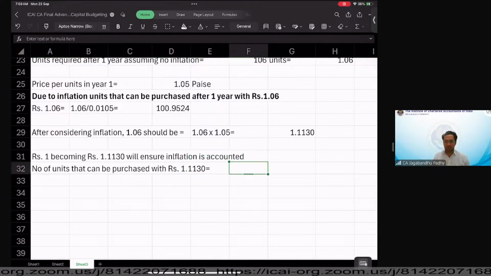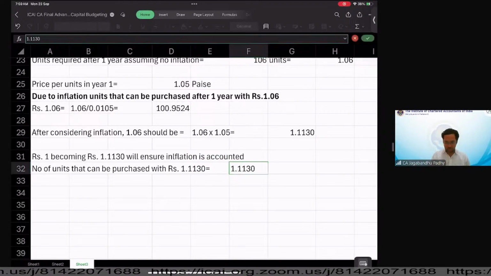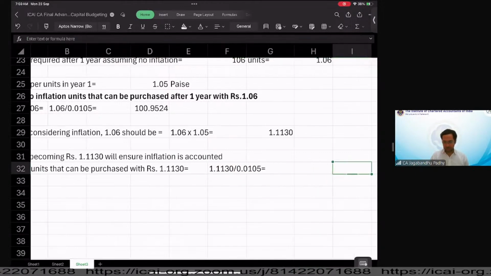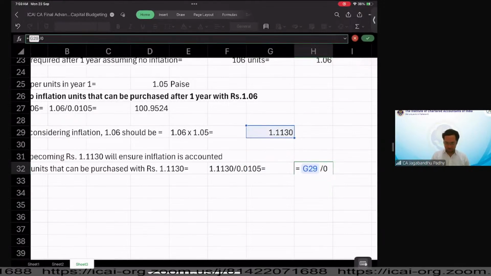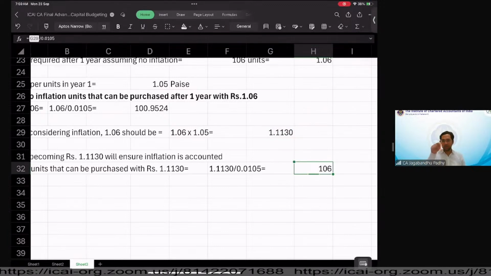Now just check what is the number of units that you can get with 1.1130. Can I say it will be 1.1130 divided by 0.0105? Just see what's the number of units.